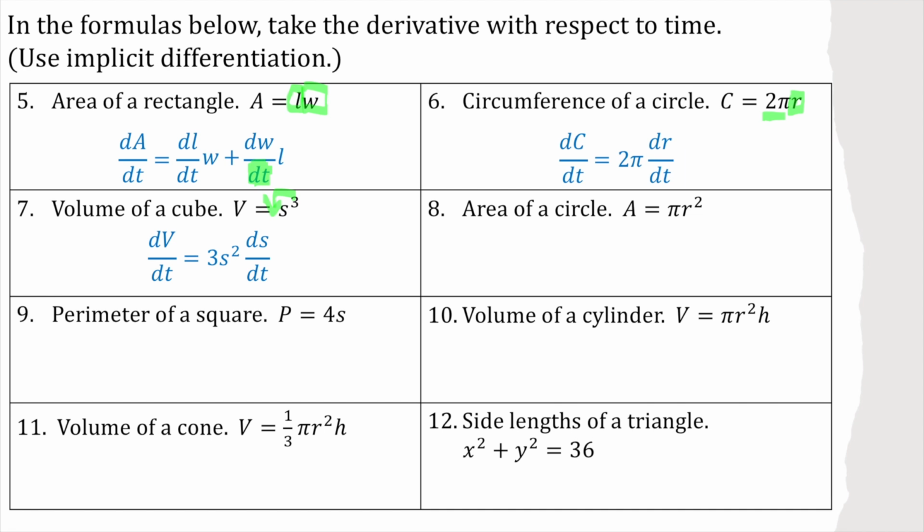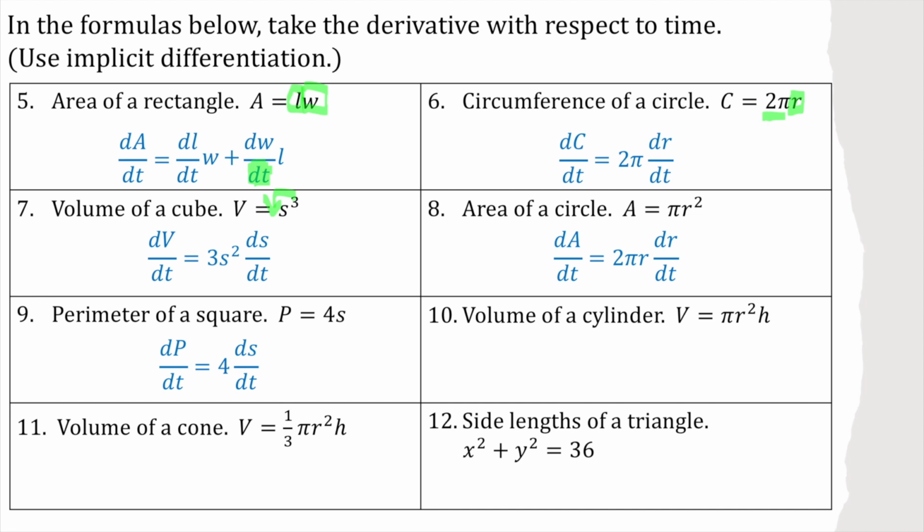I'm going to go a little bit faster now. Area of a circle, dA/dt equals 2 pi r dr/dt. Perimeter of a square, dP/dt equals 4 ds/dt. When I'm saying it out loud, it sounds like, I don't know, alphabet soup.